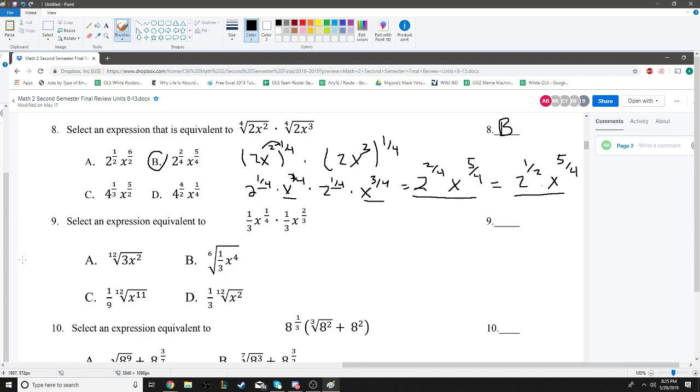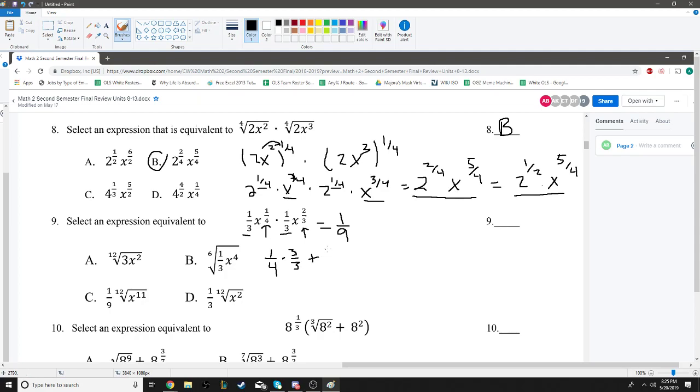So 9. Select an equivalent expression. So again, the same kind of thing. So we have a 1/3 times a 1/3. Well, that means that it is going to be 3 times 3 is 9. So this is 1/9. And then to add the 1/4 and the 2/3 together, we need common denominators. So we're going to multiply by 3 top and bottom to 1/4.